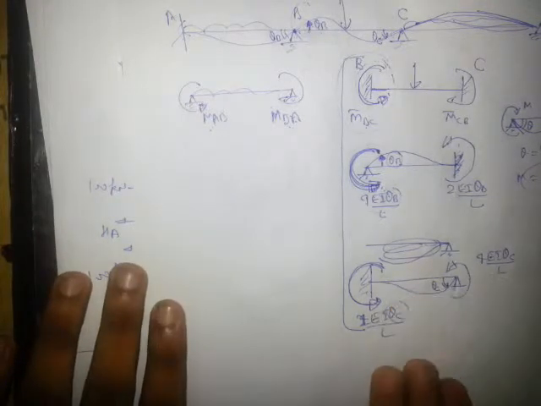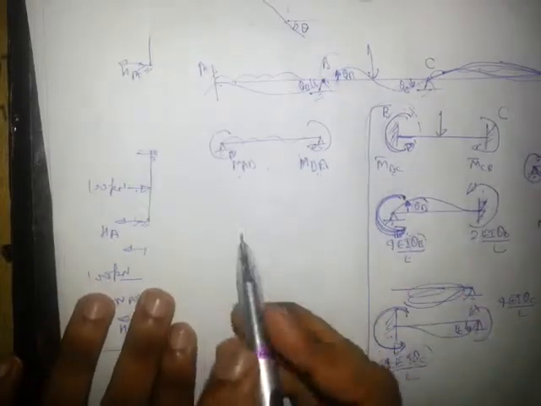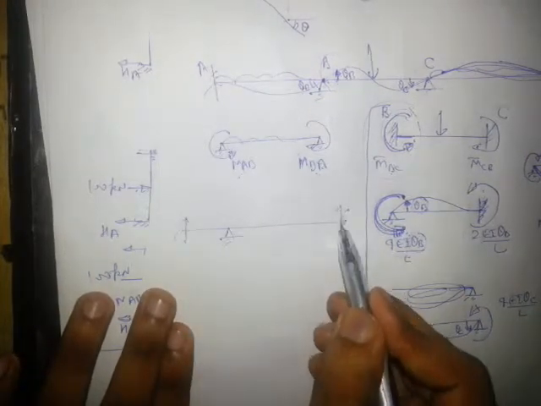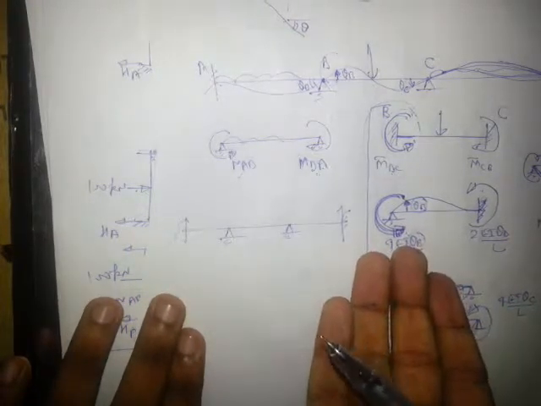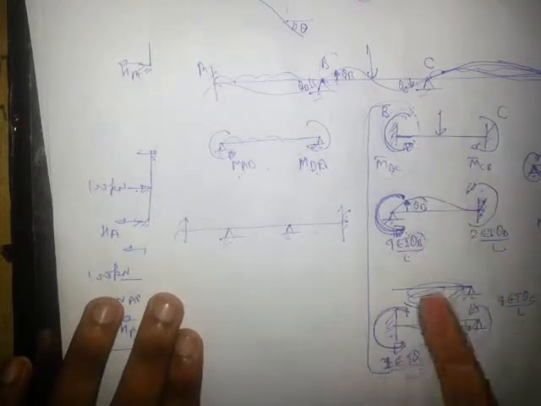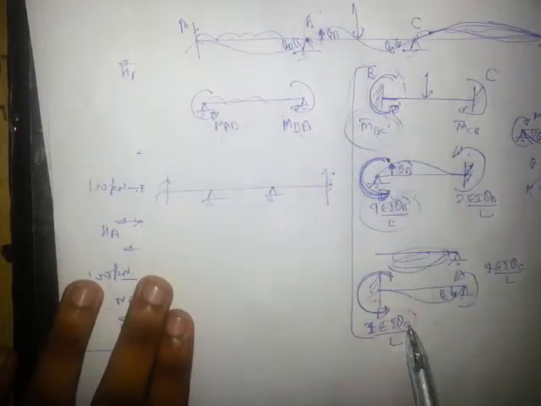We are writing the general equation, in which theta is clockwise. So I will say the beam should be like this. I want to write the equation as it is in the book. Otherwise this is also correct, add the whole effect and the answer will be there. MAB will be M bar AB, MBC will be M bar BC plus this plus this.